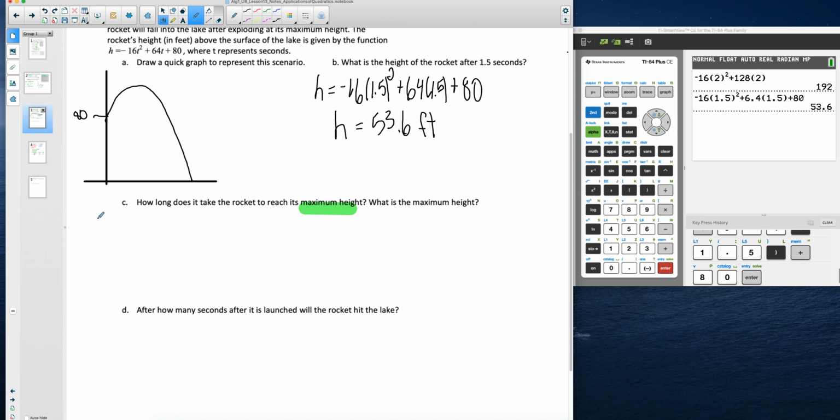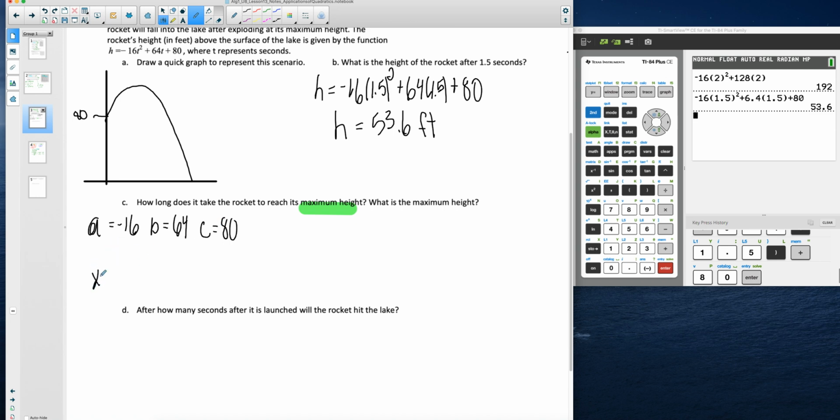Let me write out our values here. A equals negative 16, B equals 64, and C is 80. You can see this is very slow. So I'm going to do negative B over 2A.